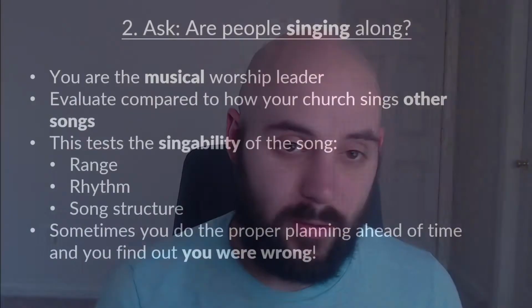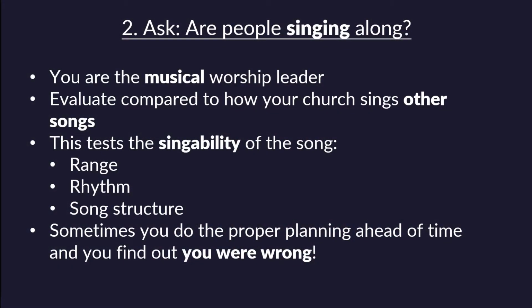Sometimes you test the song for singability, and you look at the range and make sure that's good, and you look at the rhythm and think, okay, this is going to work for my church, and you look at the song structure and you're like, this is going to work for my church, and then you do it 4 times and another time, because we're giving them time to learn it, and people still aren't responding to it because it's not what you thought it was. So don't be too proud to admit that you were wrong. In that, you want to check, are people singing along?